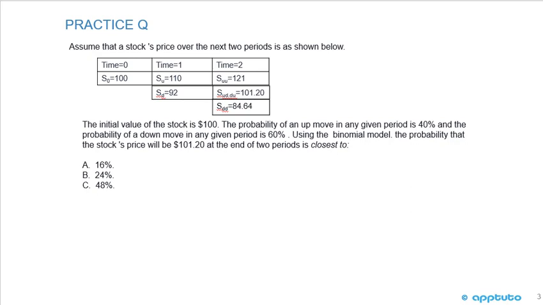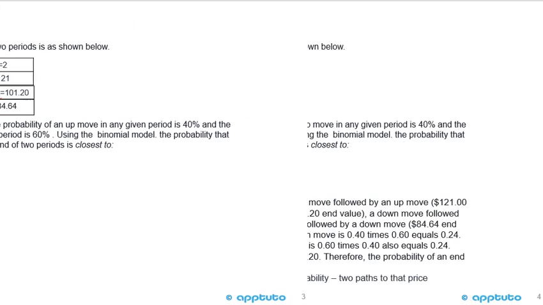The probability of an up move in any given period is 40%, and the probability of a down move in any given period is 60%. Using the binomial model, or this tree diagram, the probability that the stock's price will be 101.2 at the end of two periods is closest to A, 16%, B, 24%, or C, 48%.